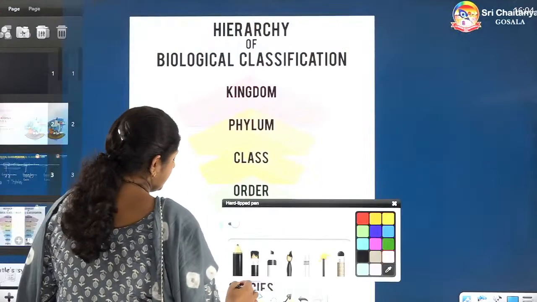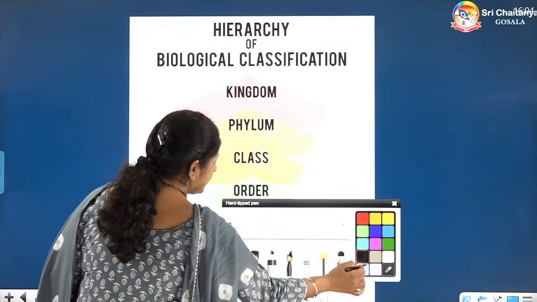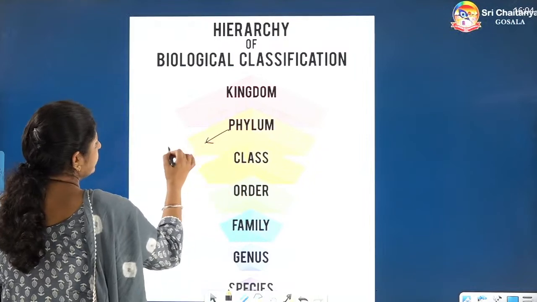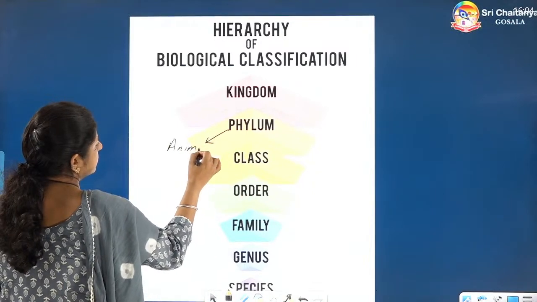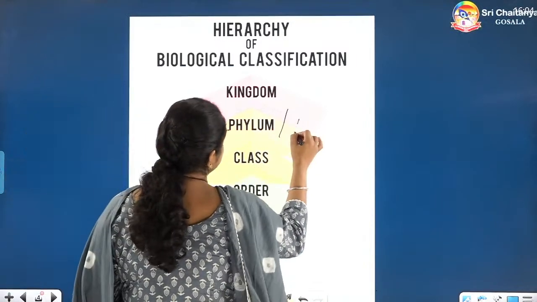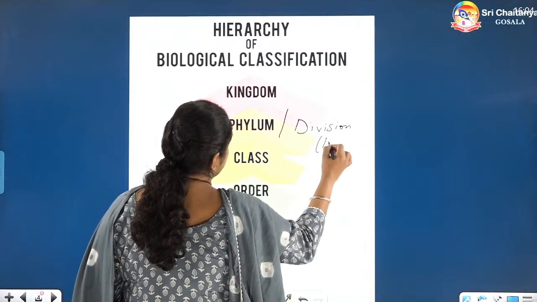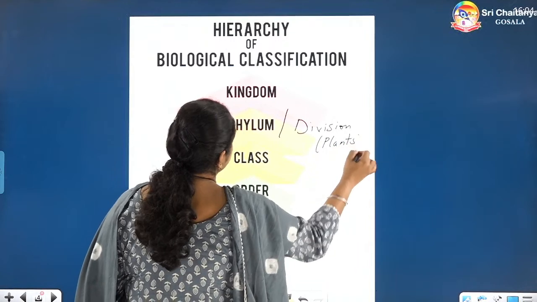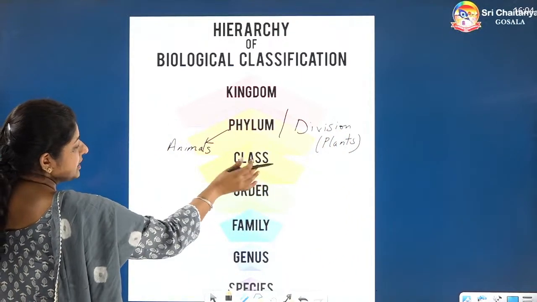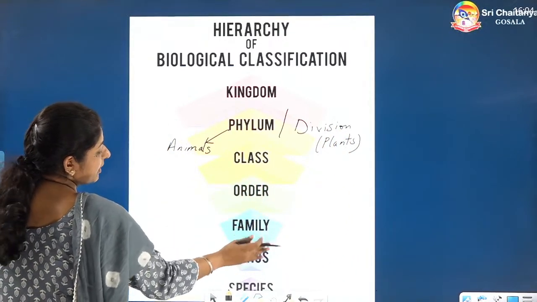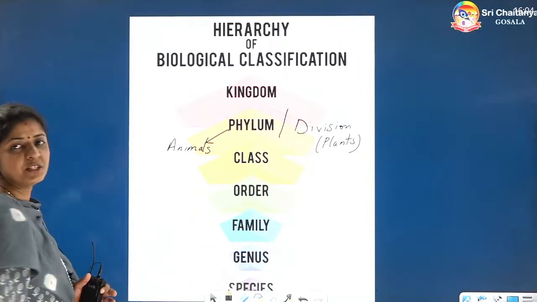So kingdom, then phylum, which we take in the case of animals, and division, equal to that, in the case of plants. Then further divisions are classified into class, classes into order, then family, then genus, and last the species.